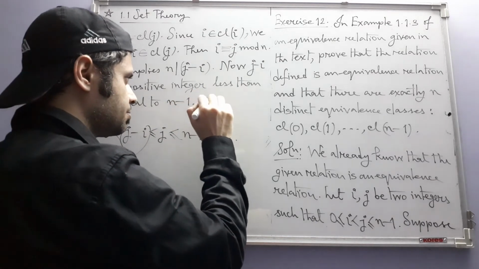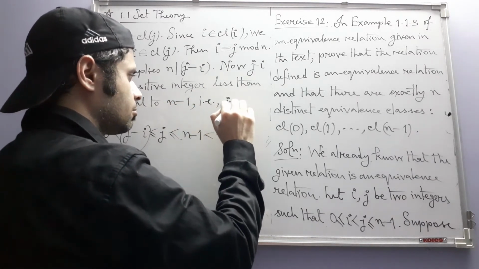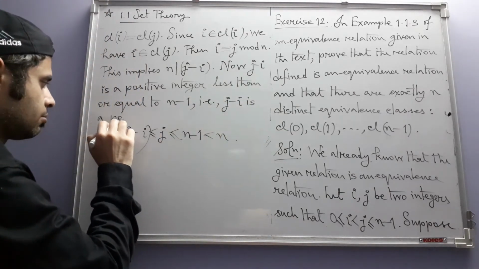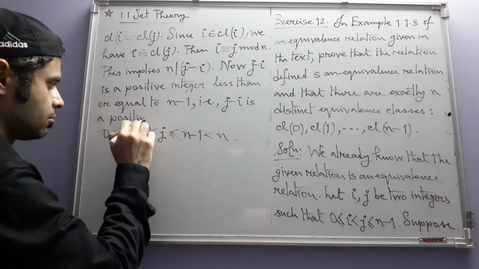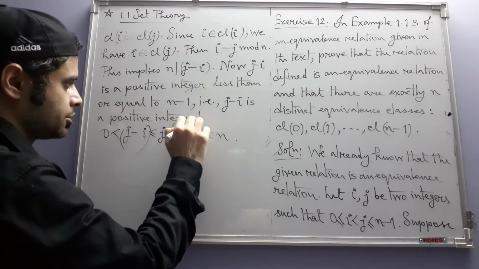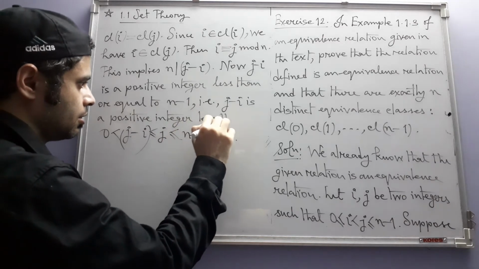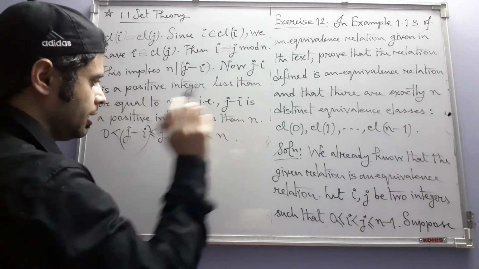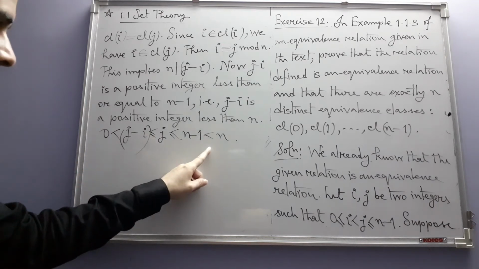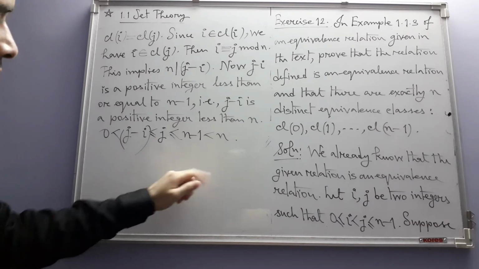That is, j minus i is a positive integer less than n. Now, what are the multiples of n in this range? Is there any multiple of n in this range?